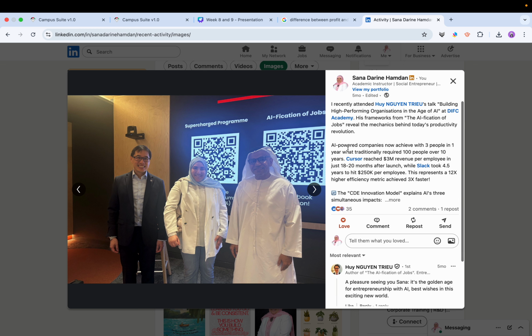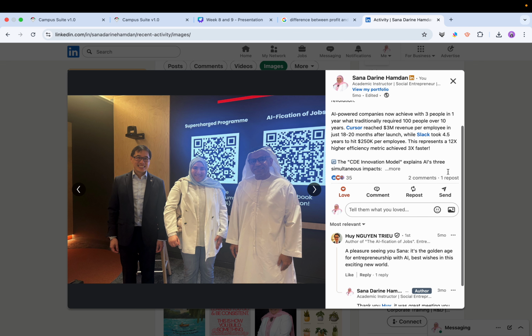AI-powered companies are now achieving with 3 people in 1 year what traditionally required 100 people over 10 years. For example, Cursor is an AI company that does agentic coding. It codes for you. Cursor reached $3 million in revenue per employee in 18 to 20 months after launch, while Slack took 4.5 years to reach $250,000 per employee.